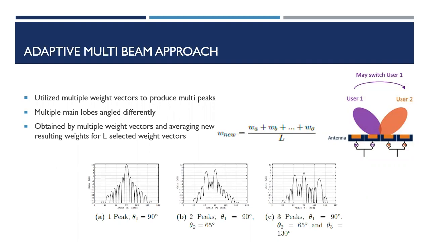On the bottom of the screen, we can also see the geographical representation of the multi-beam at different phase angles. Each of them has the main lobe followed by multiple side lobes as well. The multi-beam approach is useful when we utilize the same antenna in order to serve multiple users in either nearby or far away regions.